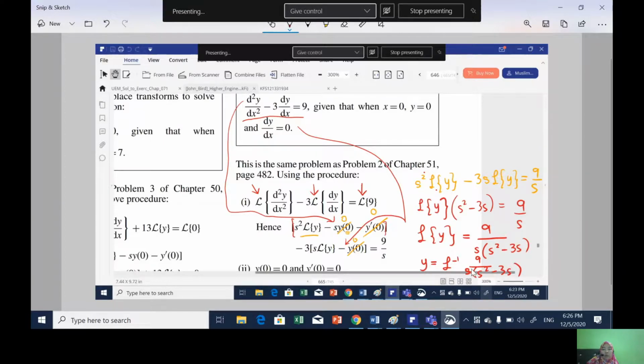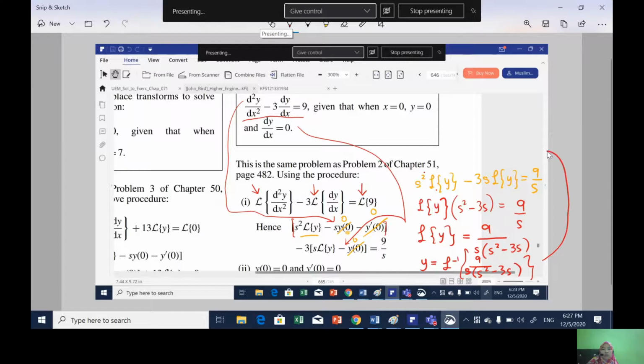Here in the bracket we have order quadratic actually, but when we multiply out with s, that becomes a cubic equation. Now look at the one on the right hand side.